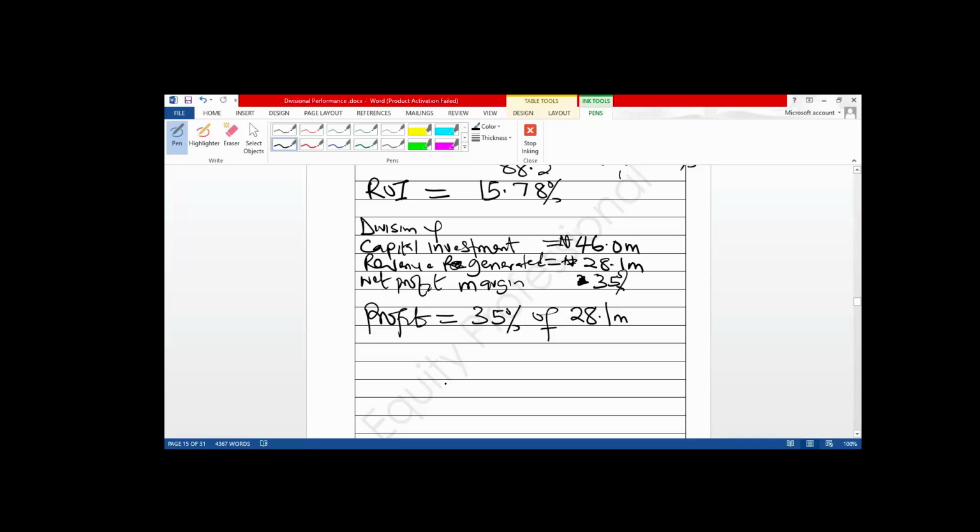This is equal to 9.835. Investment for division Y, the profit 9.835 divided by the investment required, multiplied by 100.